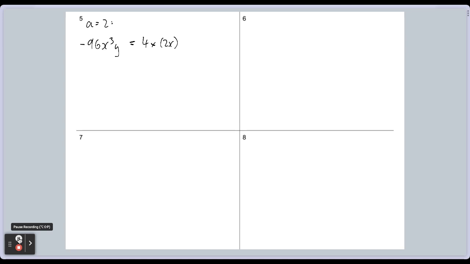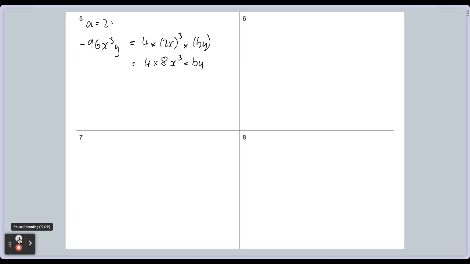I replace the a with a 2. 2x to the power of 3 because we've gone down a power. And we've multiplied that by b, the second term, to the power of 1. But I'm not going to write the power of 1 in. Okay, simplifying that, I'm going to have 4 multiplied by 8x cubed multiplied by b.